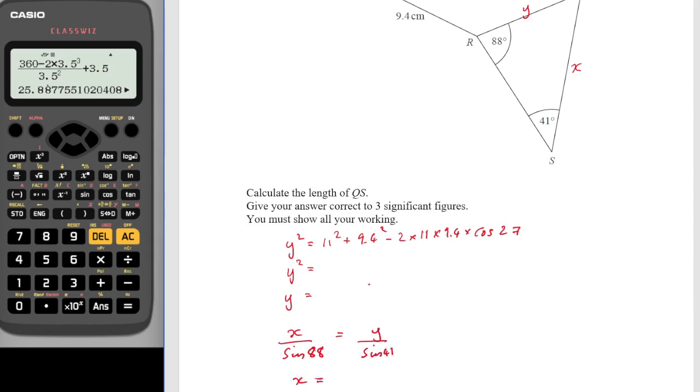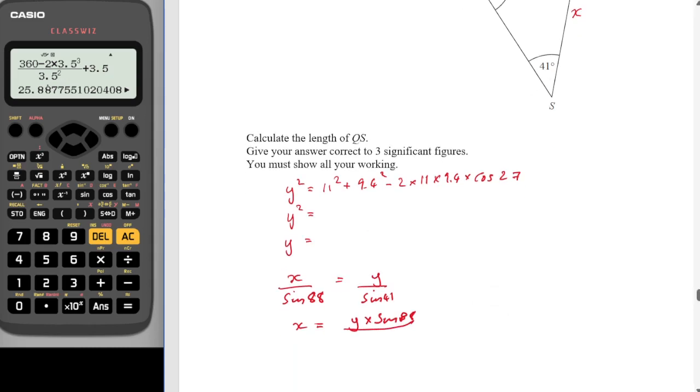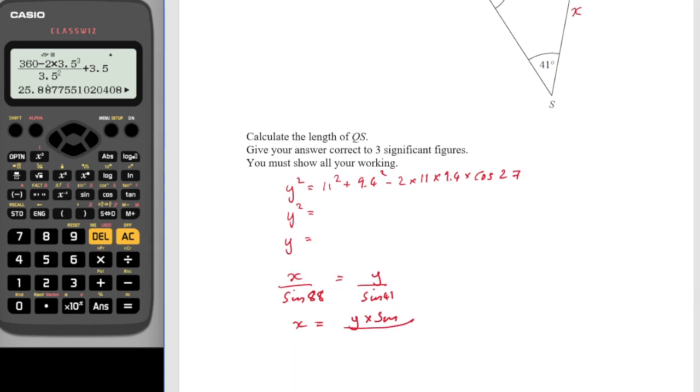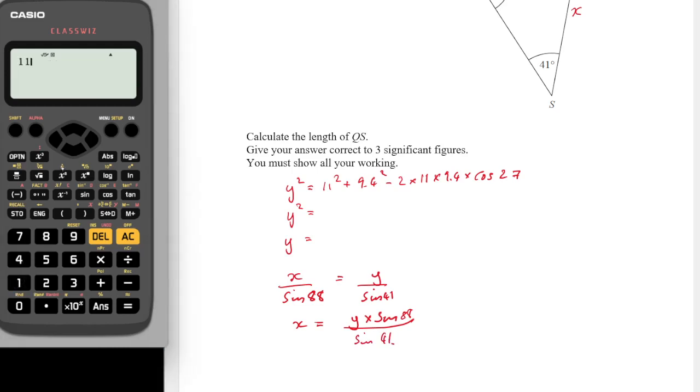So x is going to be equal to y times sine 88 divided by sine of 41. I've not made that 88 very clear. Sine of 88 divided by sine of 41. Right, so 11 squared plus 9.6 squared minus 2 times 11 times 9.4 or 9.6?